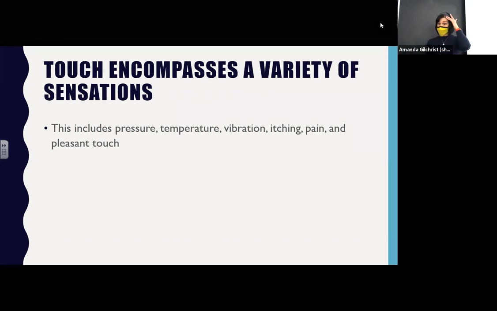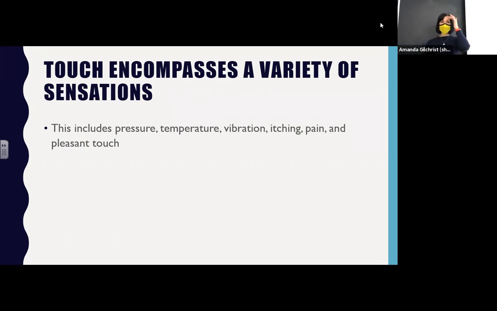For example, I have this one little spot, and sometimes it's really hard to find. It's right where my hairline meets my forehead, where if I just lightly scratch it a little bit, it's like, ooh, that feels nice. Or a hug from somebody. That can also be a type of pleasant touch.